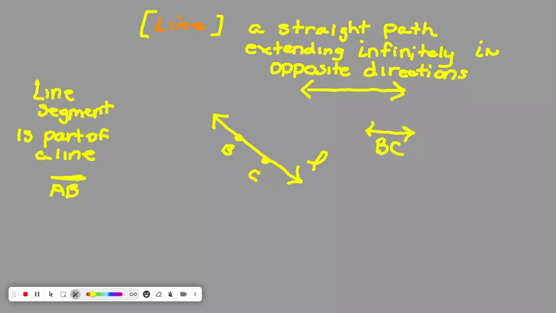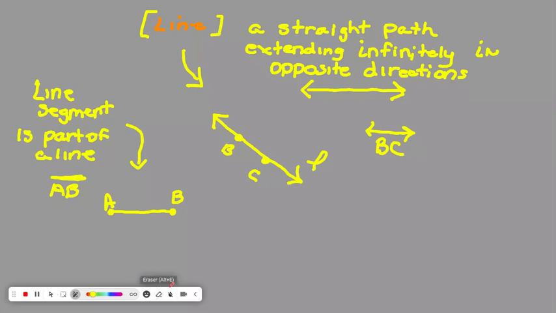It has an endpoint on both ends, right? So if you see something like this with a starting point A and ending point B, or both endpoints, that's a line segment. So remember, a line doesn't have a starting point, but a line segment does. So go back if you need that.